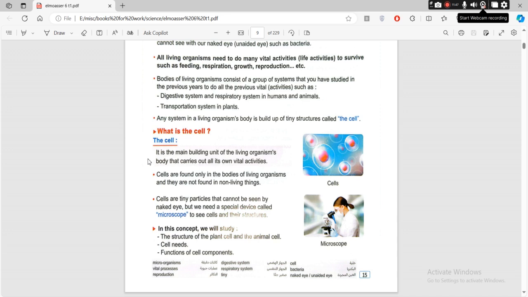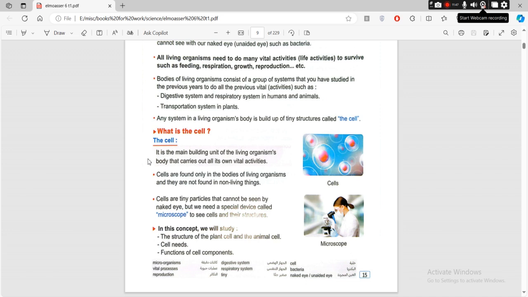And now we have a new word, vital activities. What's a vital activity? Well, a vital activity is anything that you need to do to survive. For example, breathing, digestion, seeing, vision, heart beating.